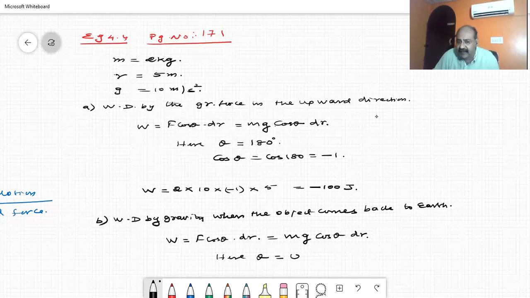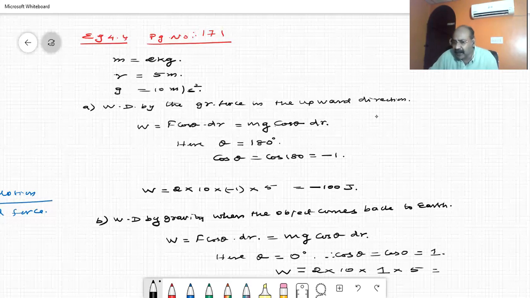So theta equal to 0 degree. Therefore, cos theta is equal to cos 0 equal to 1. Now, what is the work done then? Work done is equal to, what is the value of m? It is 2. g, it is 10. Cos 0, it is 1. And displacement again 5.